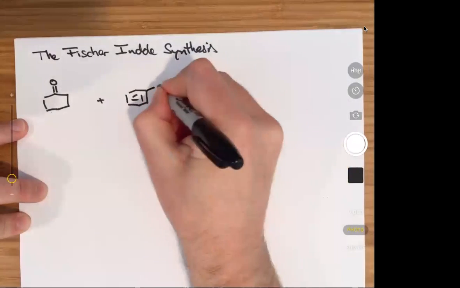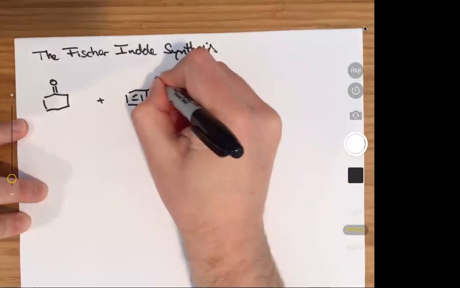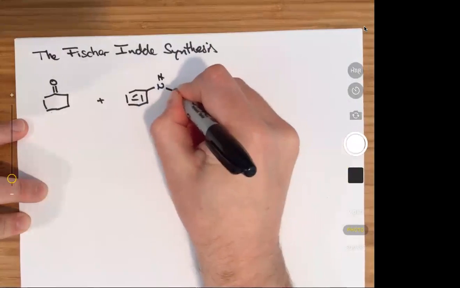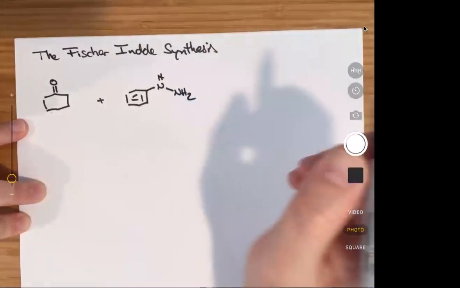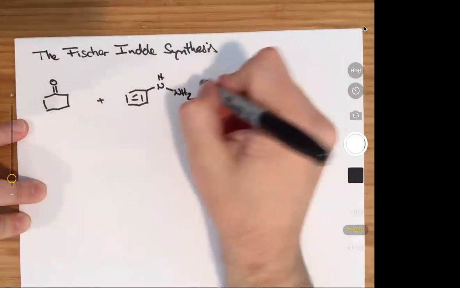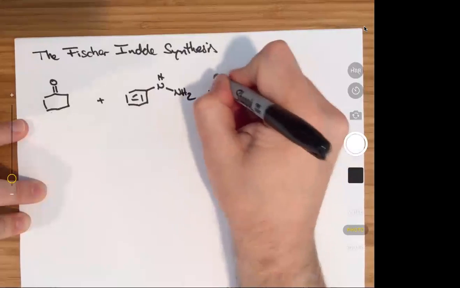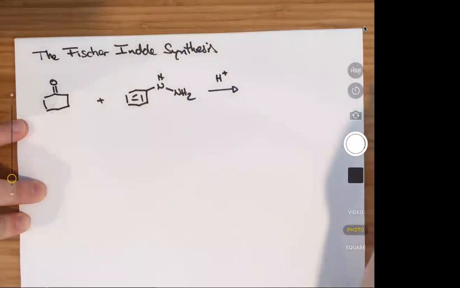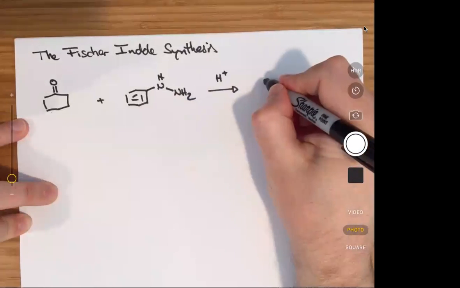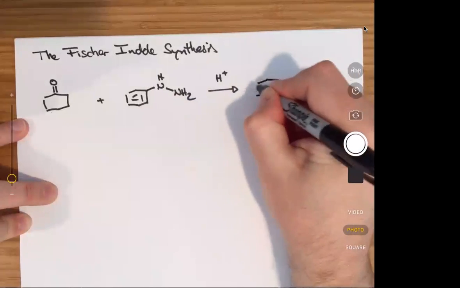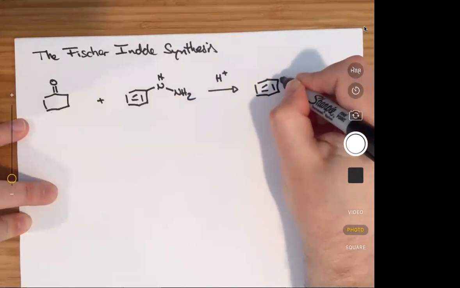So you have something like this, and H2. So, and you bring these together under an acid catalysis, H+, again, and what it forms is your indole heterocycle.